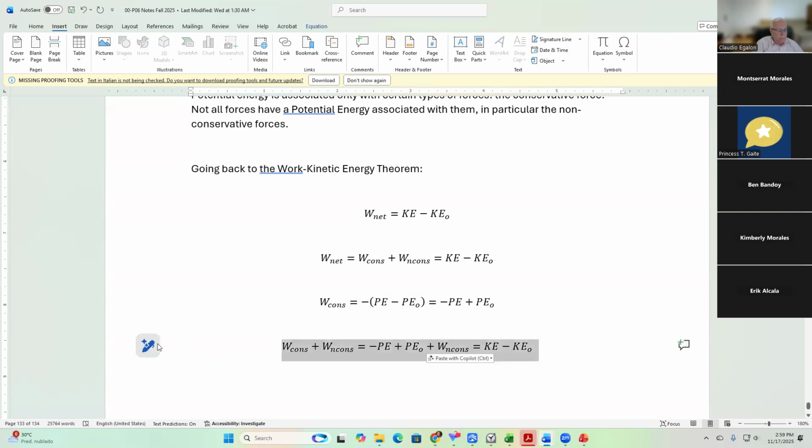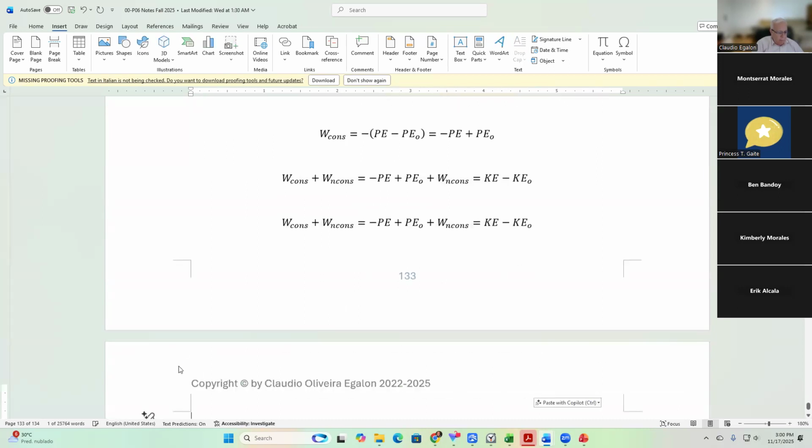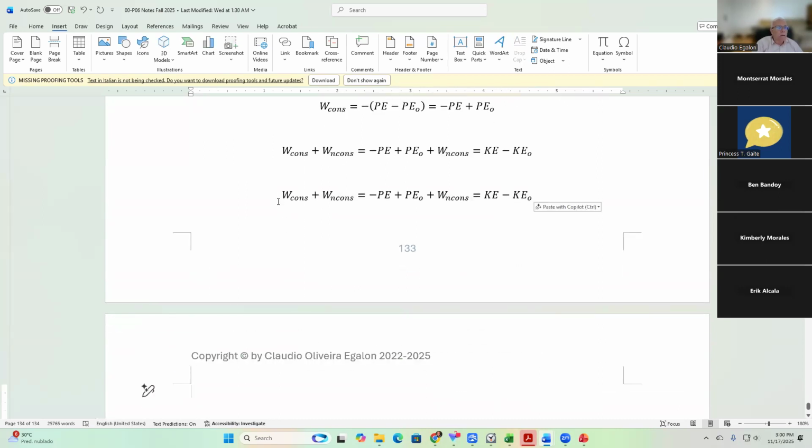And then I covered that before, but I'm reviewing that so you can see. What I'm going to do now is put this equation in a very intuitive way, in a way that's very easy to memorize.